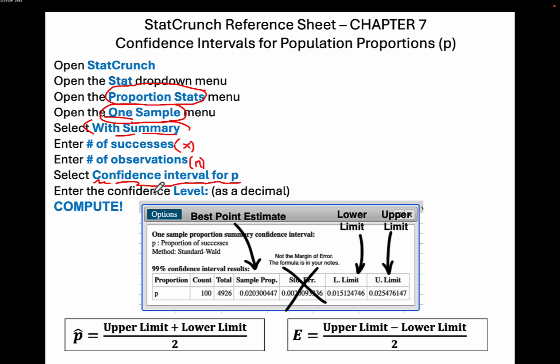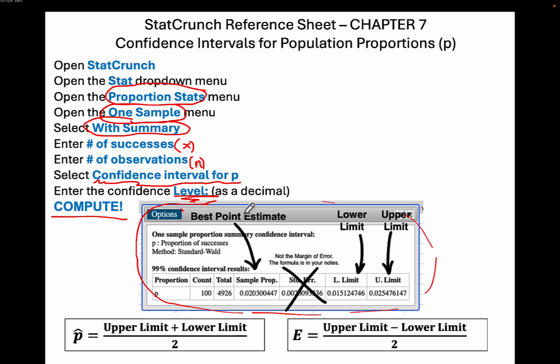Program needs to know what's the confidence level. Default is 95. Other commonly used ones are 90 and 99. So you'll need to tell the program as a decimal whatever confidence level we're using. We hit compute, and the output screen will appear like this.